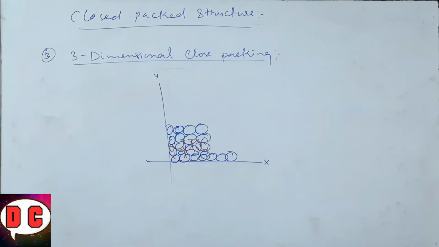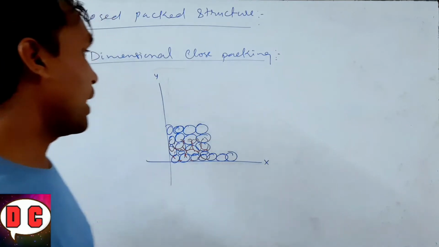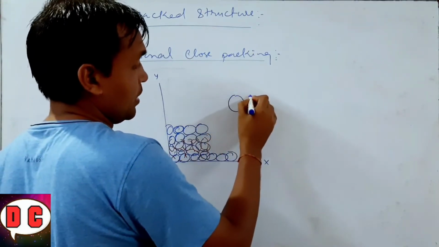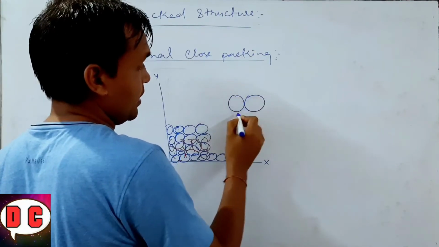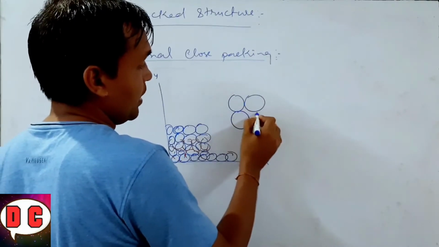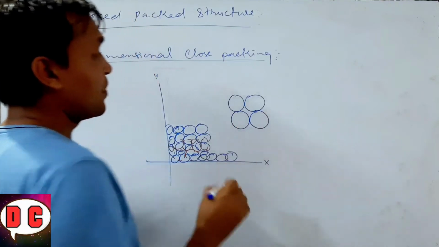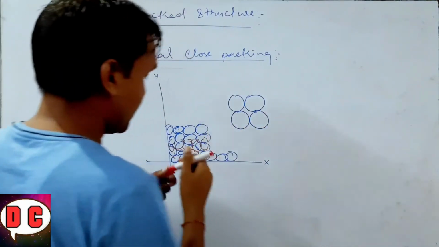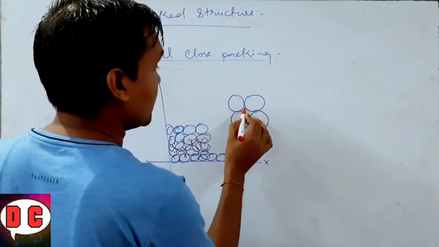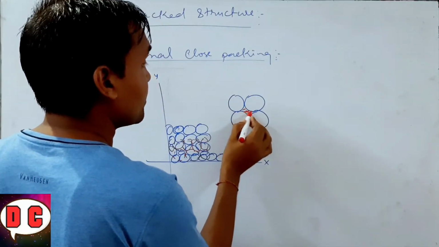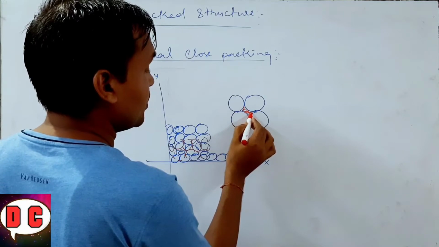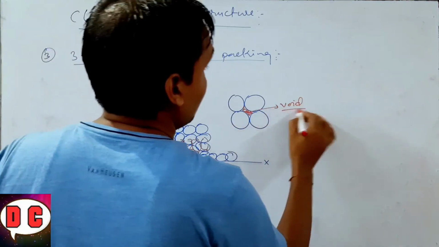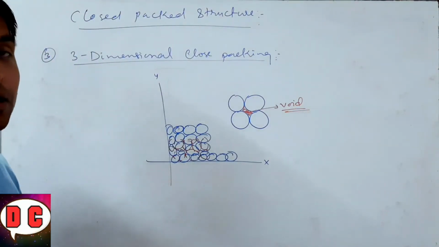Now one thing: when we are arranging the atoms in a close packing structure, they are all touching each other, but still there is a space left. This empty space in between them is called what? Void.